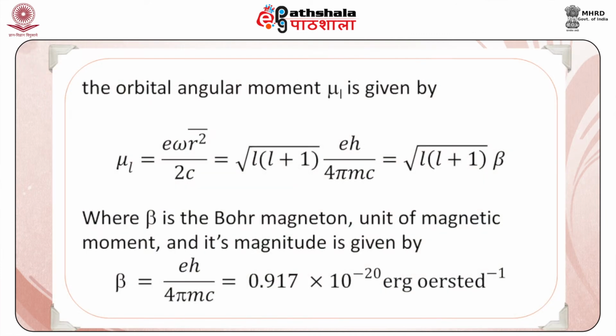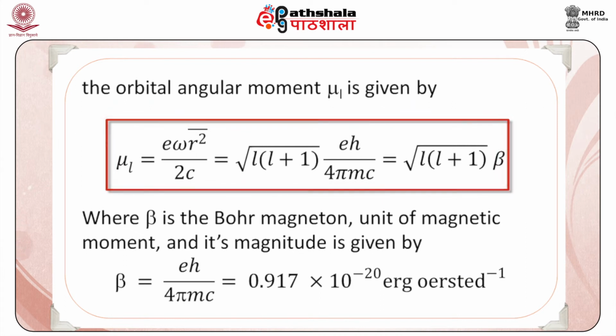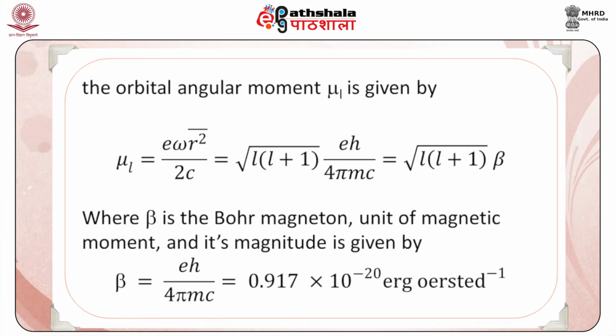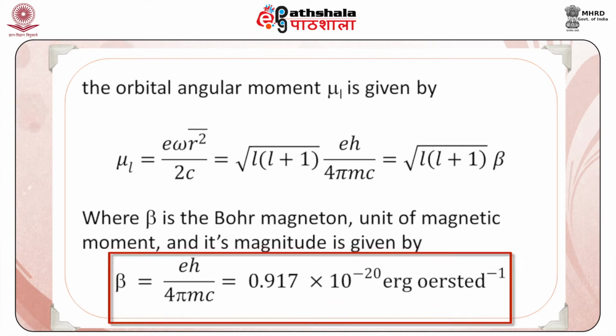So, the orbital magnetic moment mu L is given by e omega r square upon 2c, which is equal to under root L into L plus 1 into eh upon 4 pi mc, which is again equal to under root L into L plus 1 beta, where beta is the Bohr magneton, the unit of magnetic moment, and its magnitude is beta equals eh upon 4 pi mc equals 0.917 into 10 raised to power minus 20 erg per Oersted.